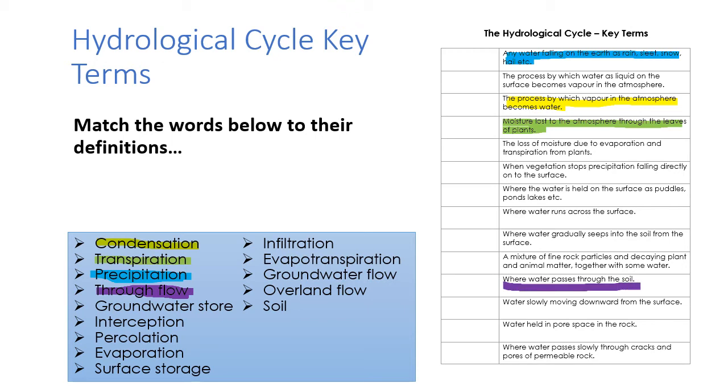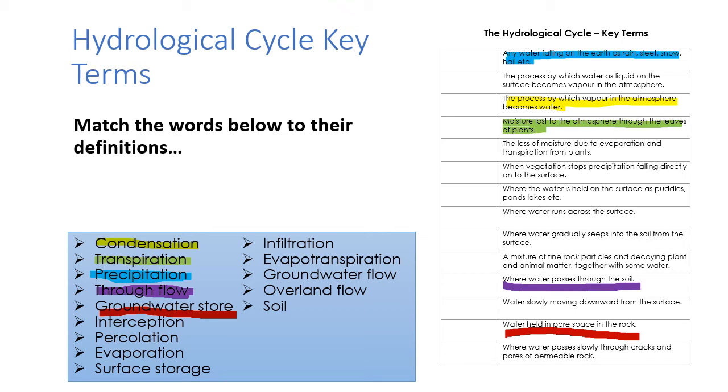Like I say, we are an unimaginative bunch, so actually some of these are a bit easier than others. Then we're on to groundwater store. Well, it's a store, so it's somewhere where the water is stored and it's in the ground. So what we're looking for here is something where water is stored in the ground, in the rock basically. And if we have a look here, we've got water held in pore space in the rock.